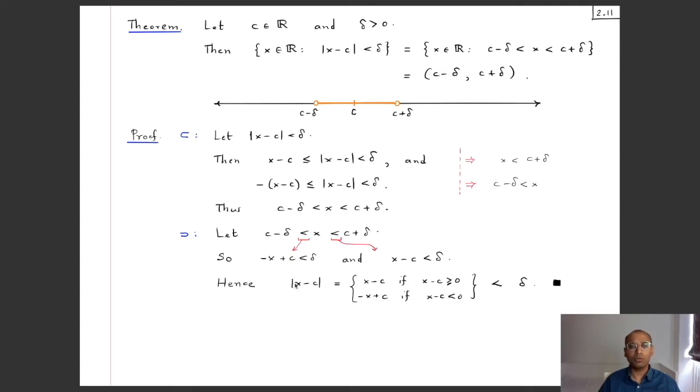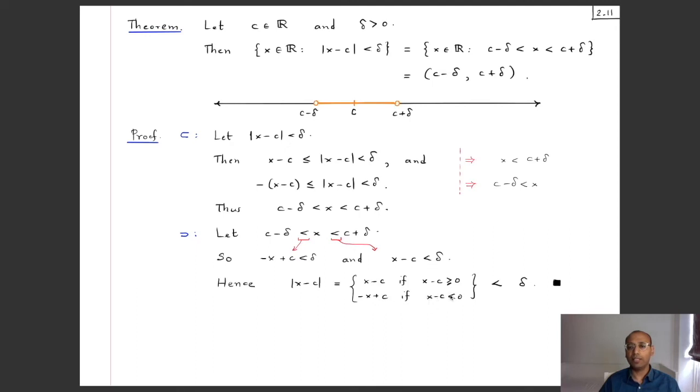Now I want to say that mod x minus c is less than delta. Now what's mod x minus c? If x minus c is bigger than or equal to 0, it's x minus c. And if x minus c is strictly less than 0, then it's minus of this, which is minus x plus c. But you see, if we are in the first case, when x minus c is bigger than or equal to 0, it is this number, and that number we already know is less than delta because of this thing.